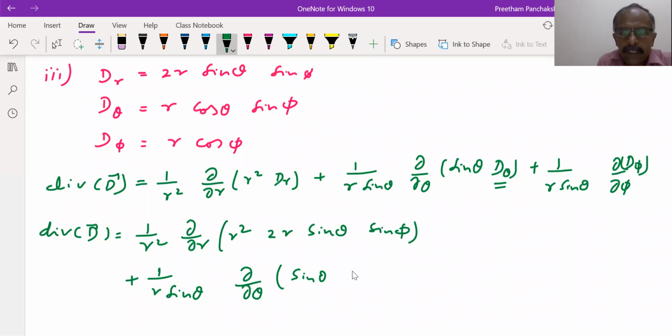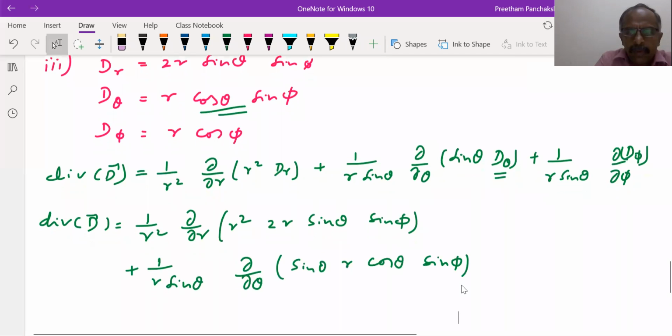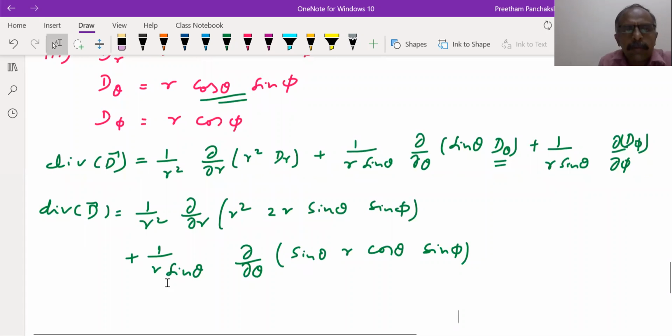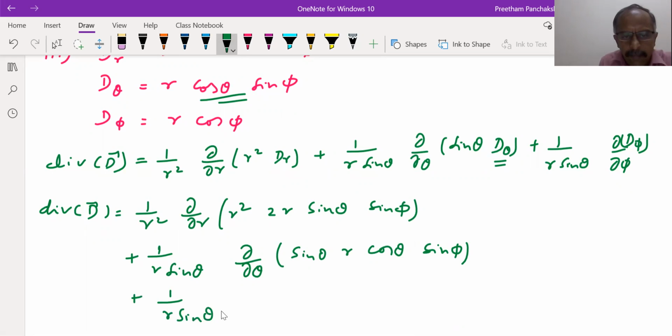Second term D theta is r cos theta sin phi taken from here. Now the last term, 1 by r sin theta, dou by dou phi of D phi, that is r cos phi.